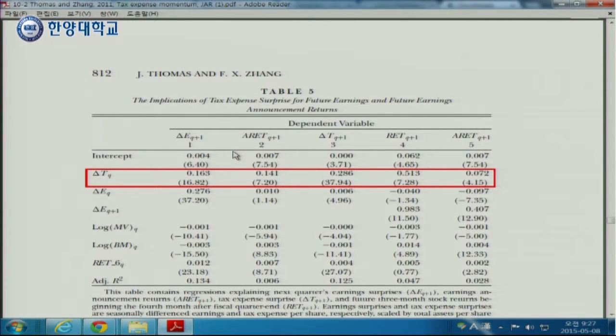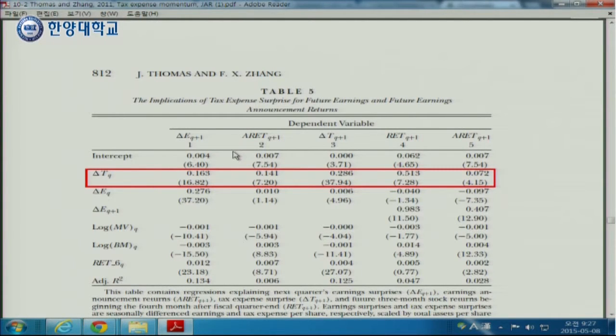So it again shows that tax expense surprise includes additional information that earnings surprise doesn't include. More information than earnings surprise.